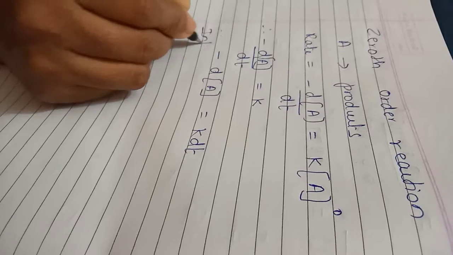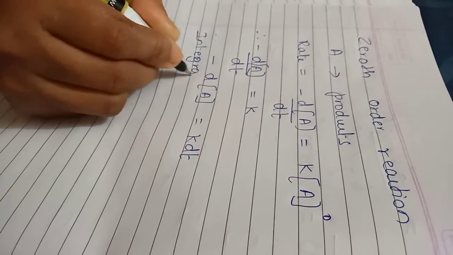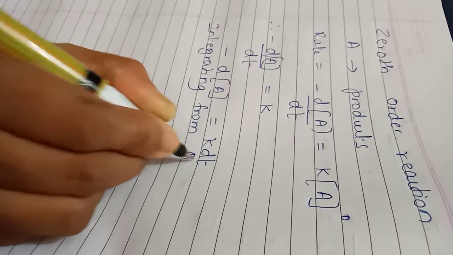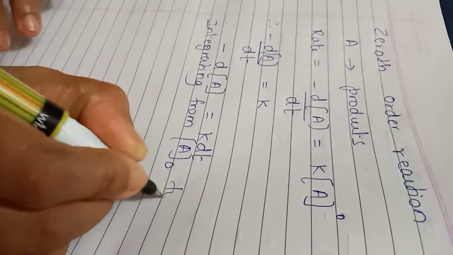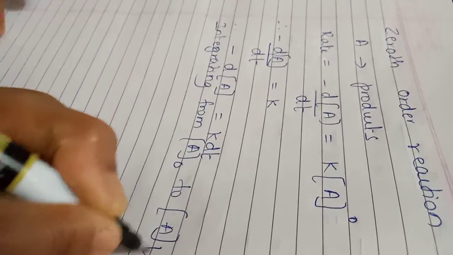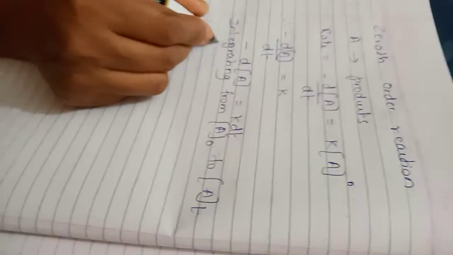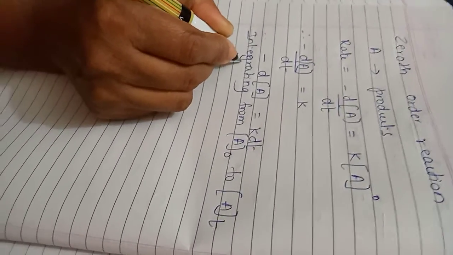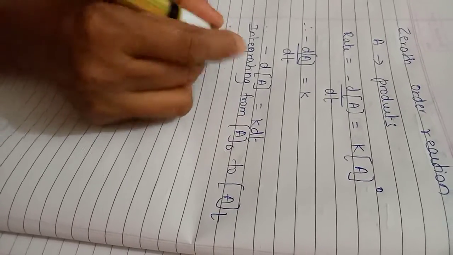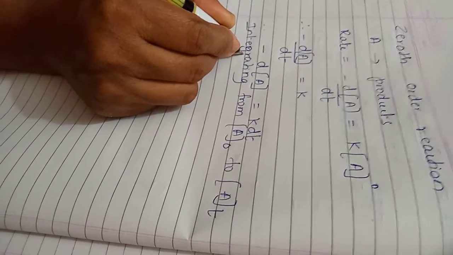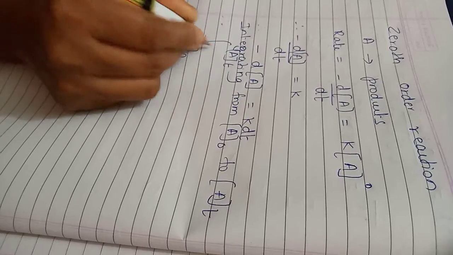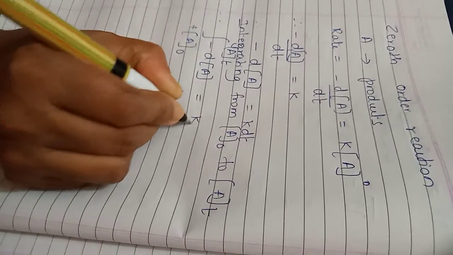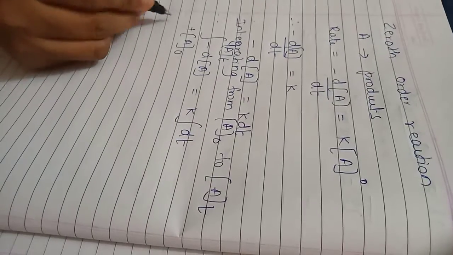Integrating on both sides from initial concentration at time t equal to 0 to final concentration after time t. What do we get? Integration from concentration of A0 to concentration of A after time interval t of minus d concentration of A is equal to K integration of dt.